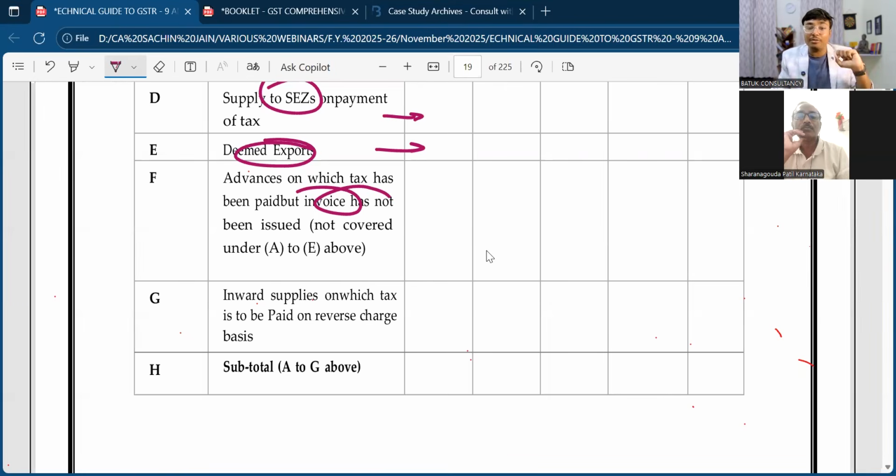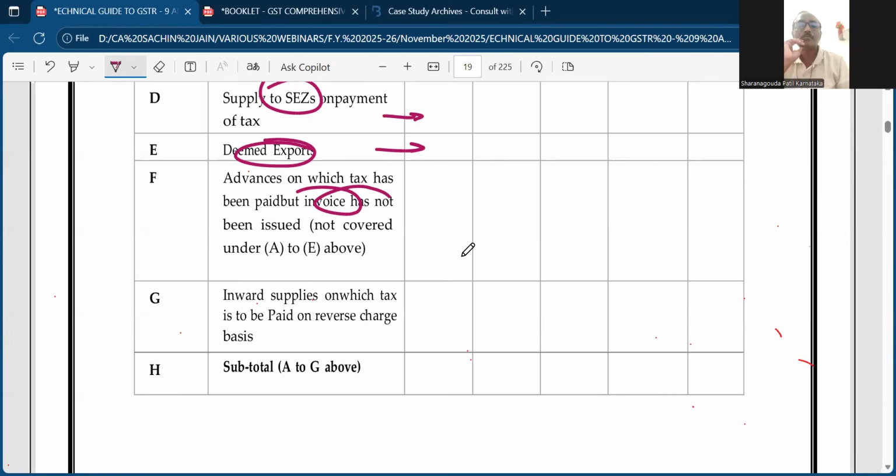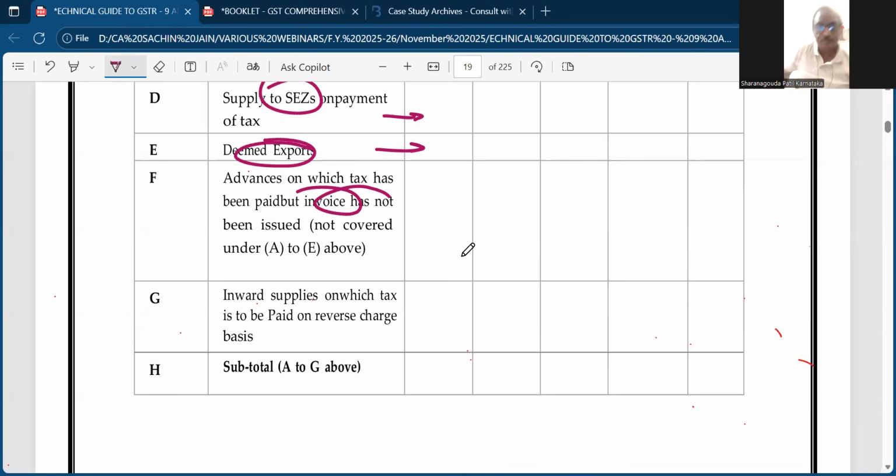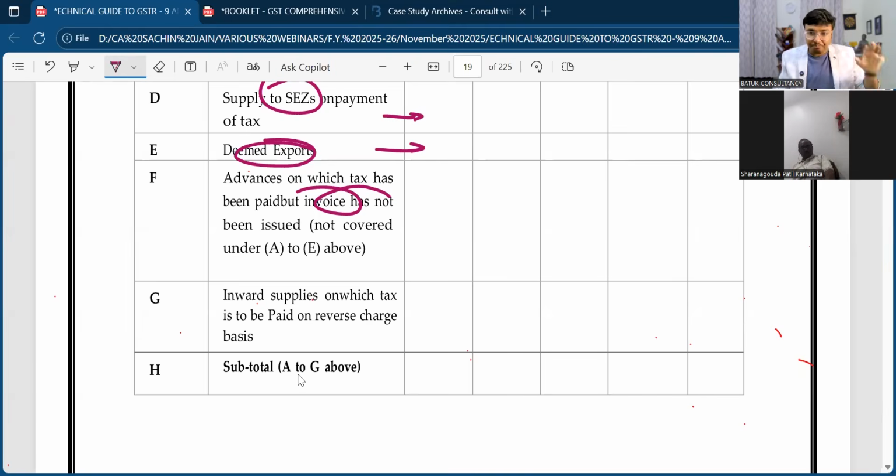But 50,000 I have received in advance. So I have to pay GST on the advance amount of 50,000 rupees when I receive it. So that figure I also need to show.